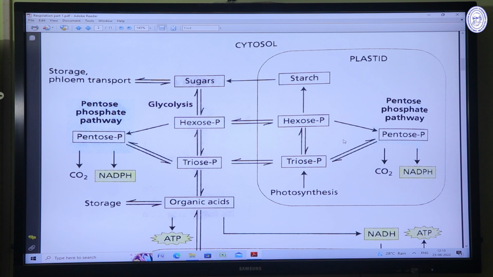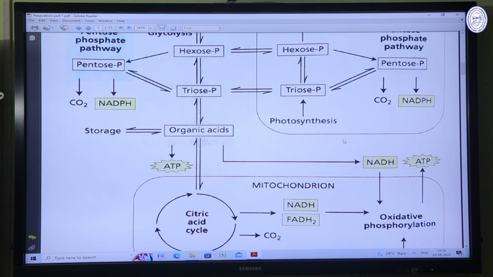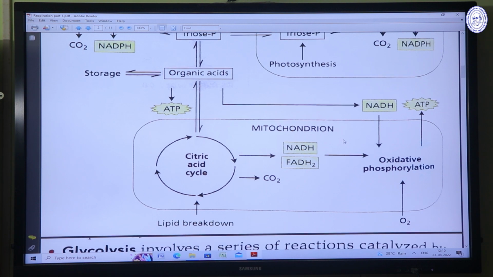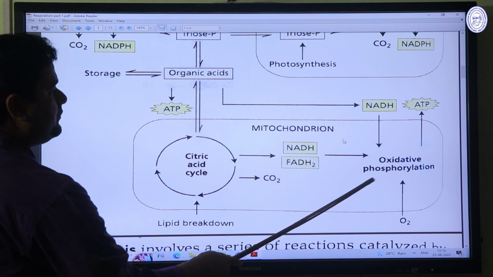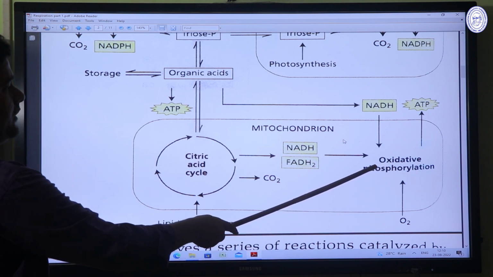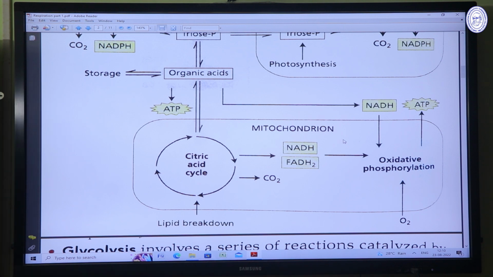And the citric acid cycle: most of the energy from the oxidation of sugar will be released through this citric acid cycle. And the last one is oxidative phosphorylation. Now let us come to the details.